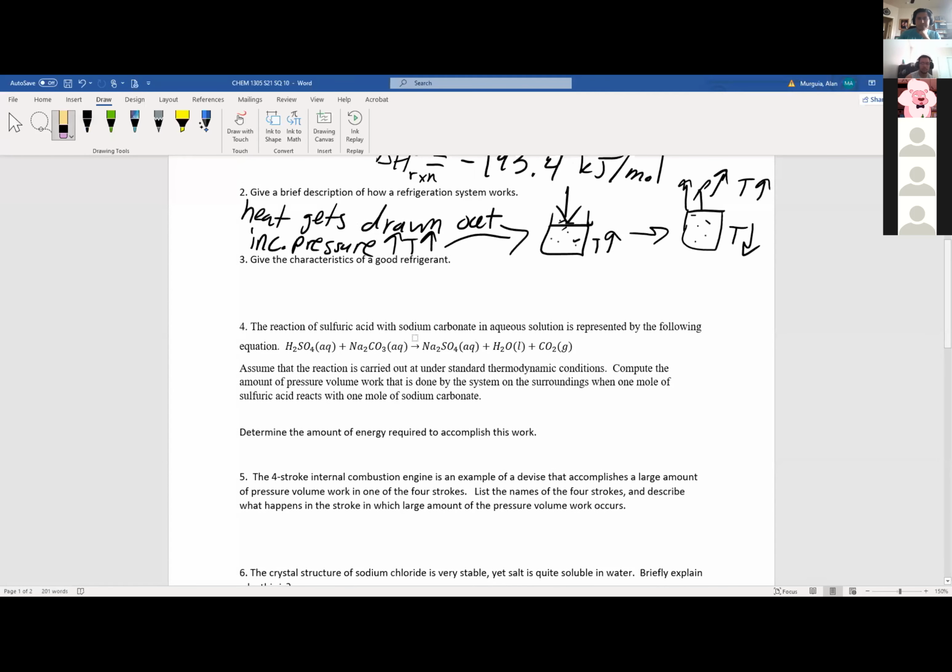Right here, where it says give the characteristics of a good refrigerant: what would be good refrigerant characteristics that we would want here? Can anyone tell me? Any ideas?